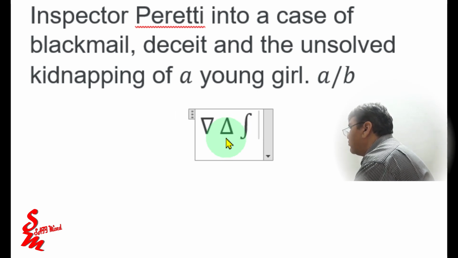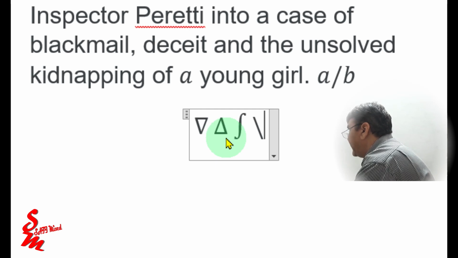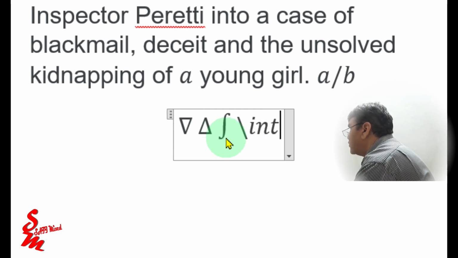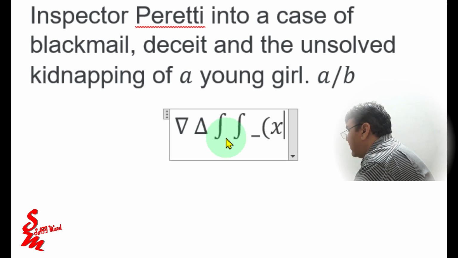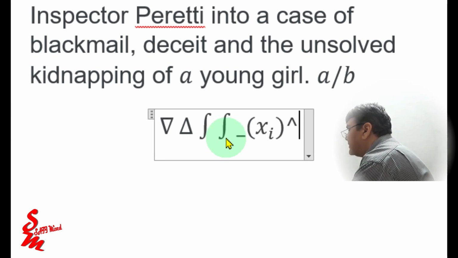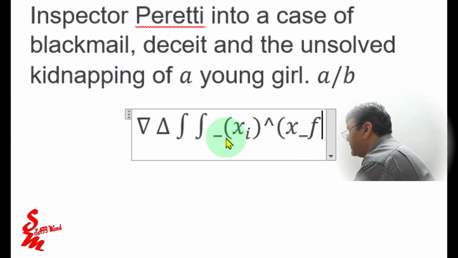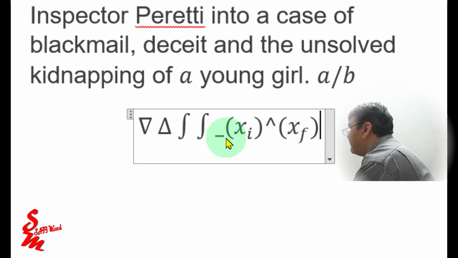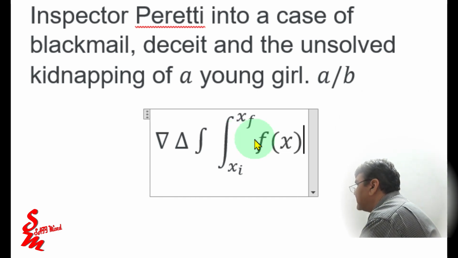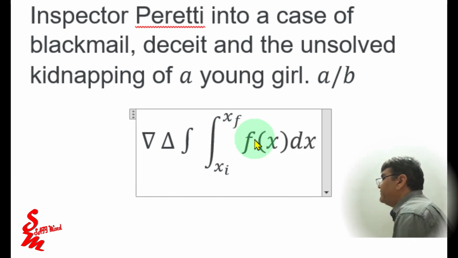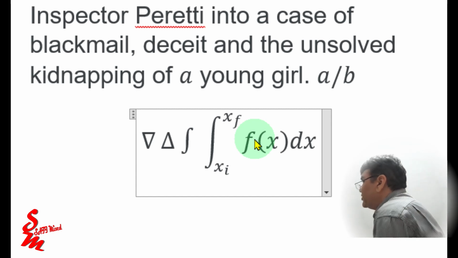And similarly, if you want to insert a definite integral with limits, then you go this way: int underscore bracket x, raised to power bracket x, f of x, with space d of x. So this way you write the definite integral.